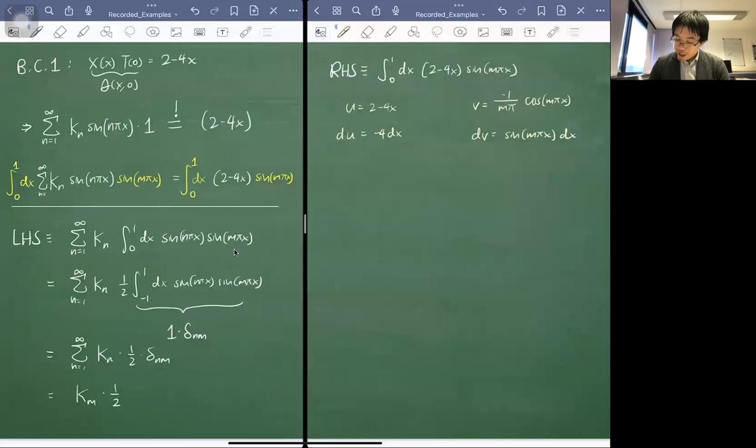Okay, good. So the right-hand side integral will give us integration by parts, right?